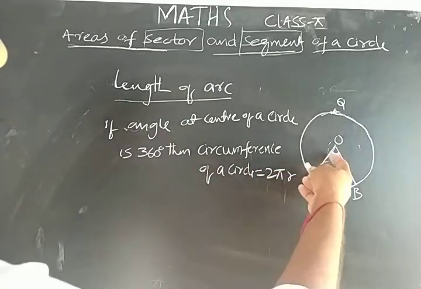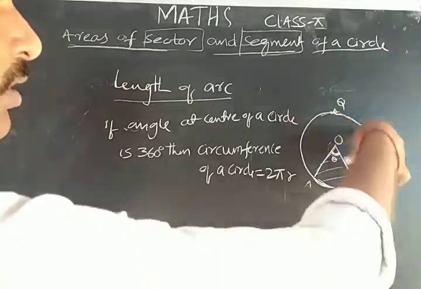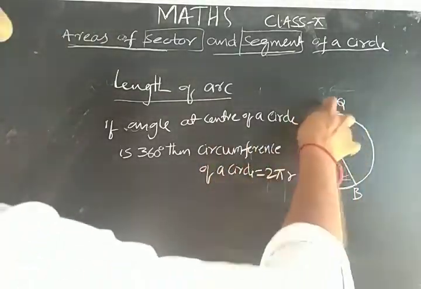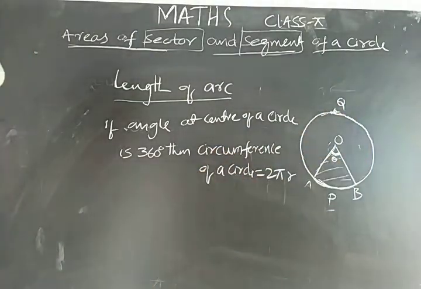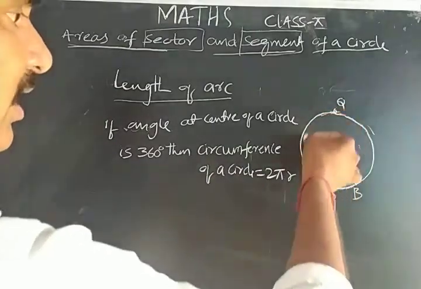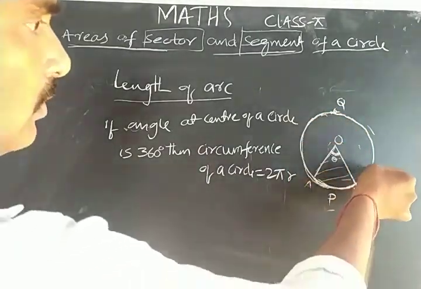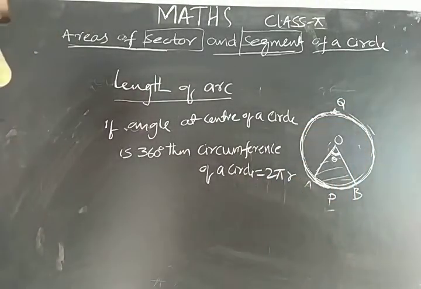If theta is 360 degrees, then you will get the circle. At that time, this is also the arc of the circle, the total arc. It is nothing but circumference. The total arc of the circle is also known as circumference. So the length of the arc, that means the circumference, is the total distance traveling around this circle. That is 2 pi r.